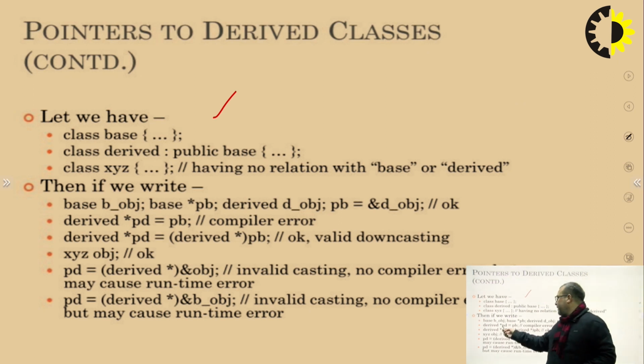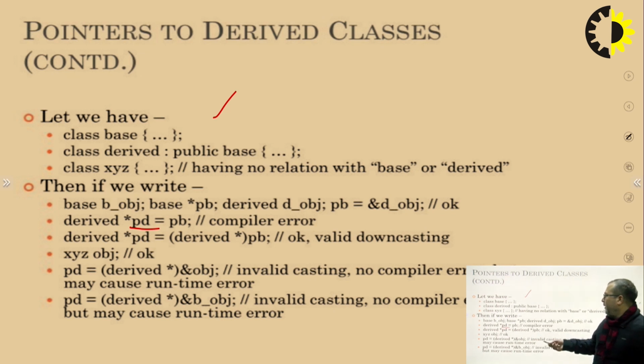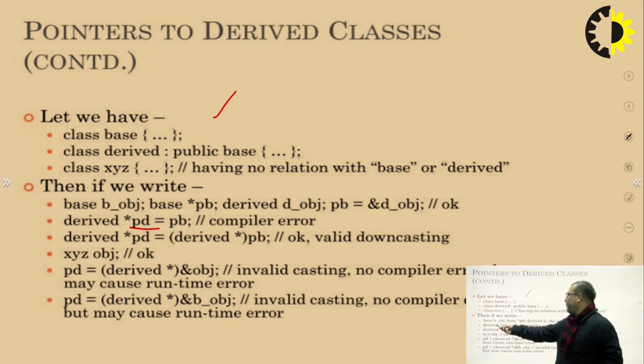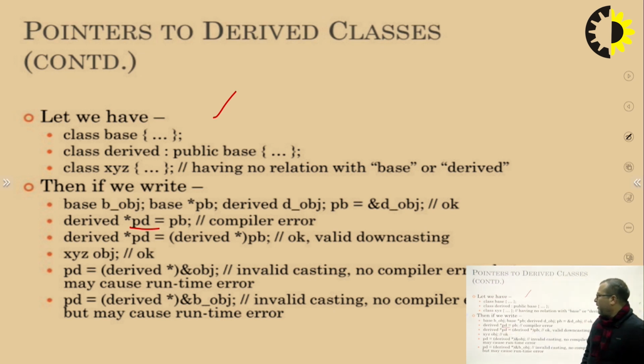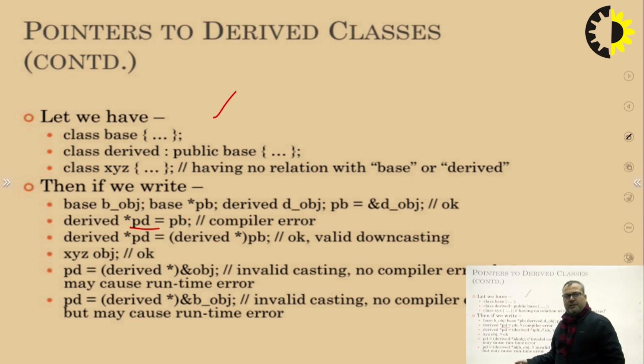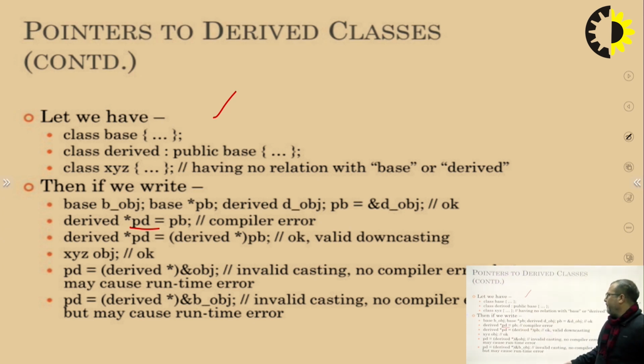Like here, PD is a derived class pointer. Even you can assign the address. PD could not store the base class pointer PB, but if you want to do that, you need to typecast.